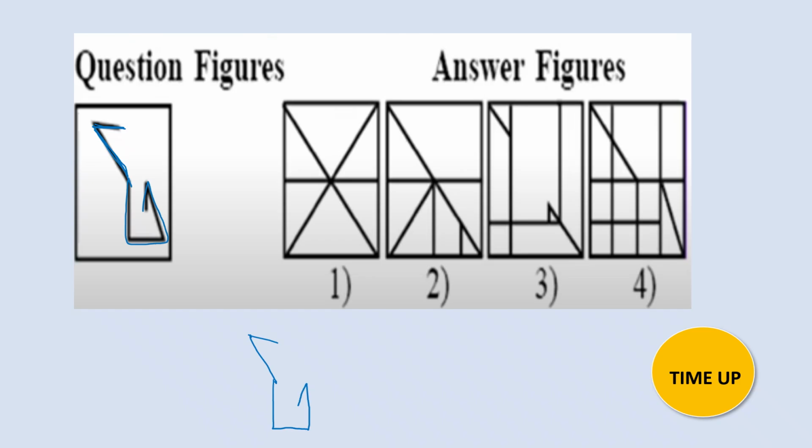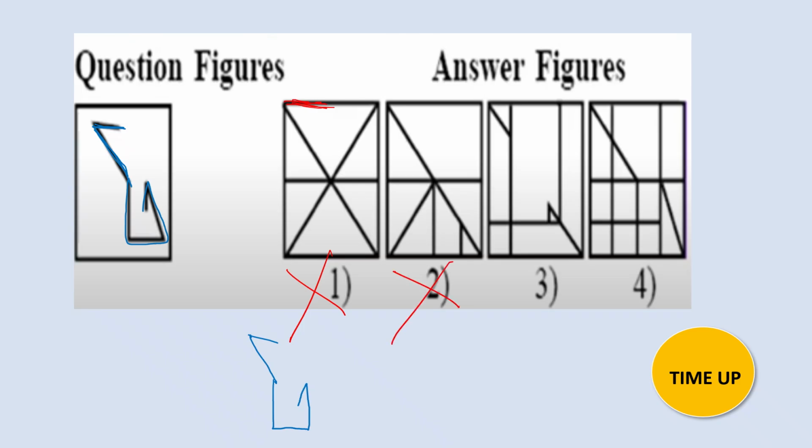So if you see the first one, there is no starting point here. So first one is wrong. Second one also, you can't find the replica of the question figure in question number 2, correct? If you increase or decrease the size of the image also, you can't see the exact image.